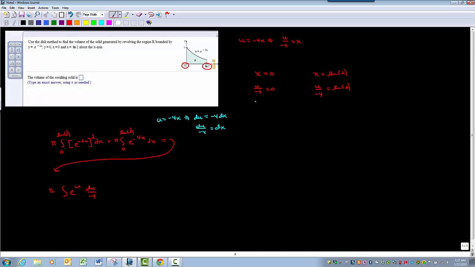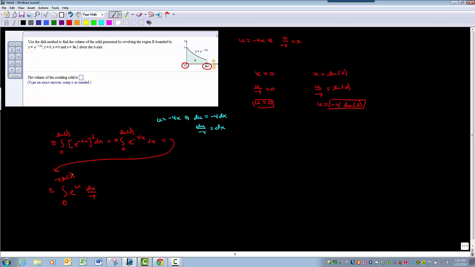So this one becomes u is still equal to 0. This one over here becomes u is equal to negative 4 natural log of 2. Like that. So we would replace those in here. So u goes from 0 to negative 4 natural log of 2.